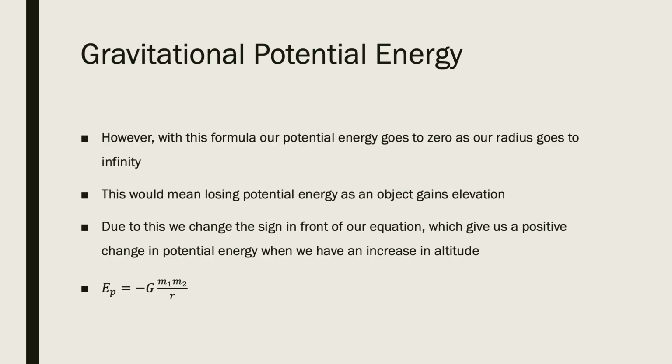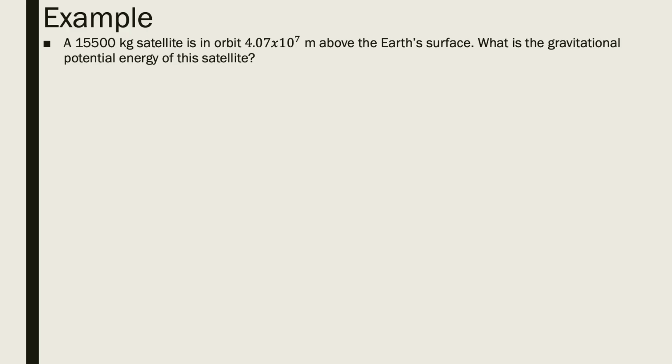Okay, so we'll look at an example. We have a 15,500 kilogram satellite in orbit 4.07 times 10 to the 7 meters above Earth's surface. We want to know the gravitational potential energy of this satellite.